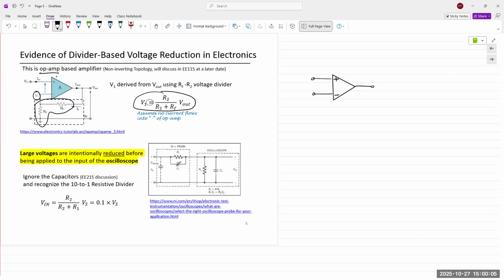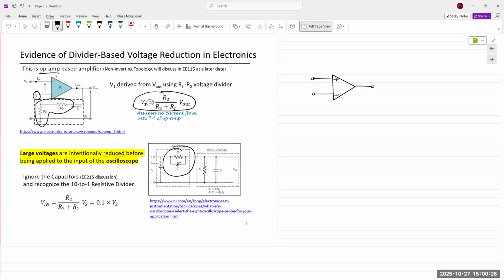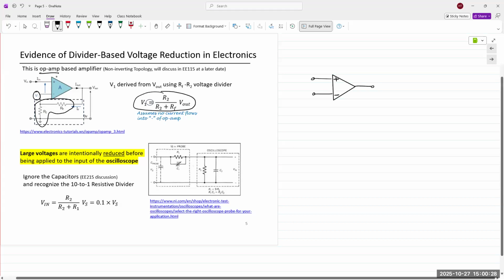Inside that probe, not at the probe tip, but at the end where it connects into the oscilloscope, there is circuitry. The circuitry consists of resistors and capacitors. Again, we are not worried about capacitors. That's part of 215. But the resistor is creating a voltage divider network in a ratio of 1:10.